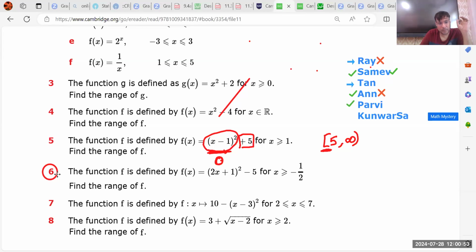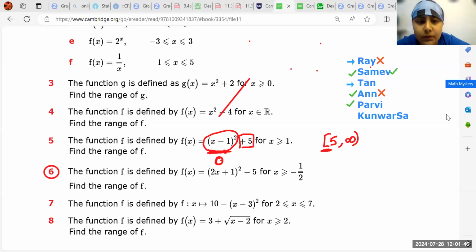See the square function. Kuvarsa, while writing, the inequality sign comes first, then the equal to sign comes. Okay, sir. So is my answer right? Yes, it's correct.